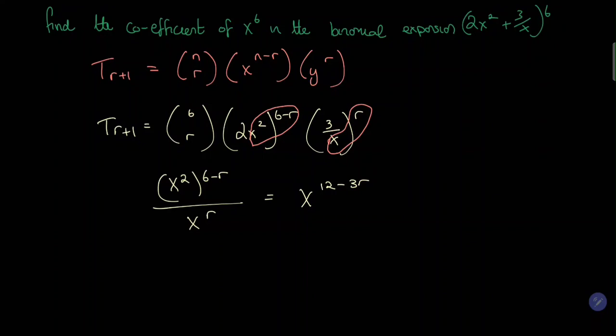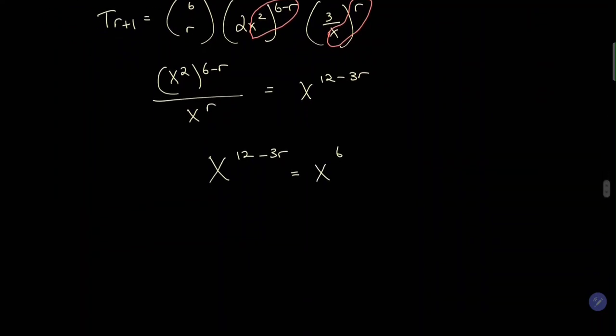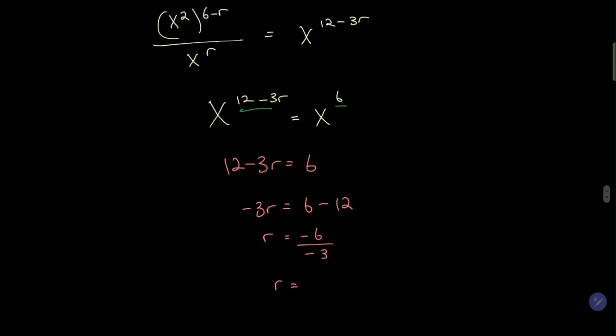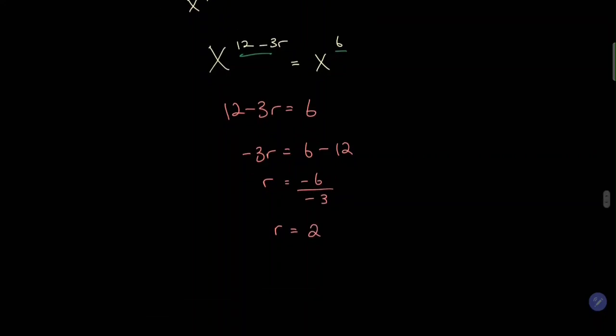And I want to find what term is equal to x to the power of 6. So again, I'm just going to let the top parts equal each other, and move it around to isolate r. So I find that r is 2.